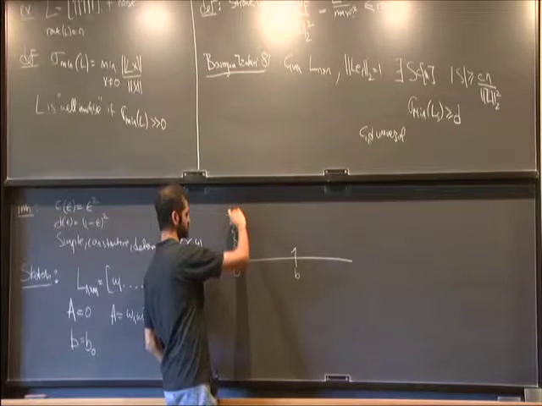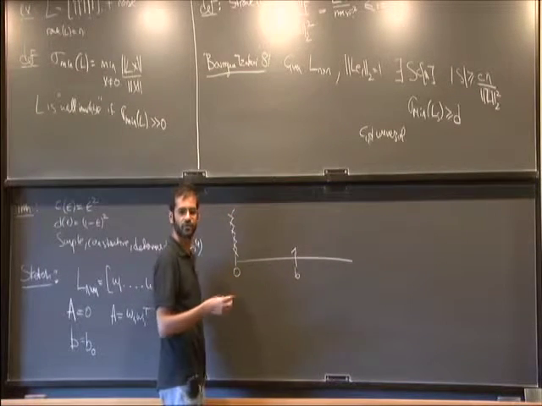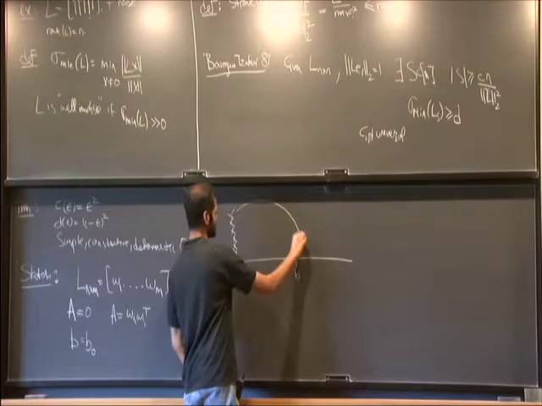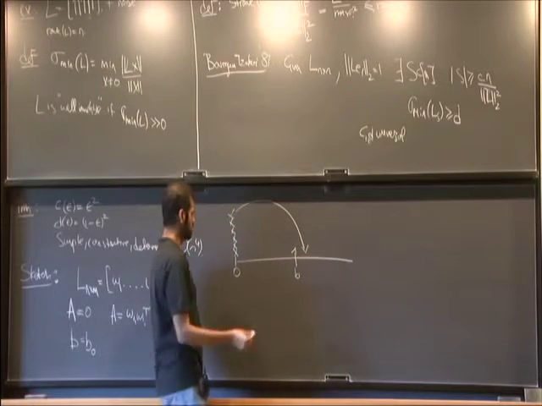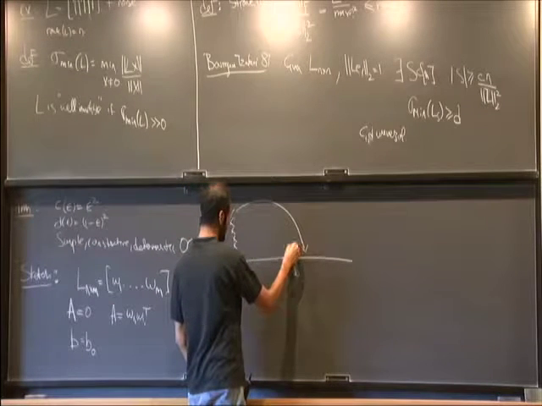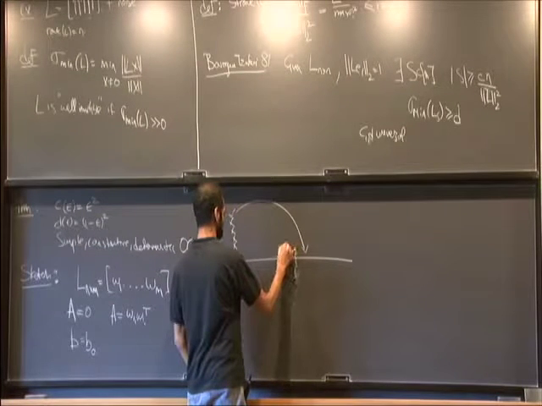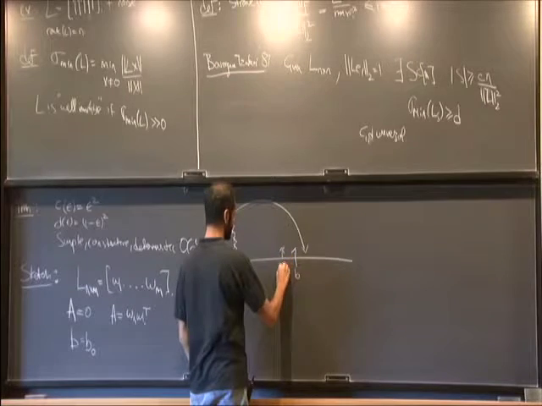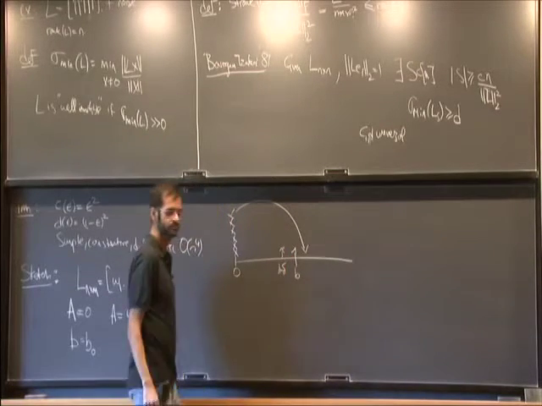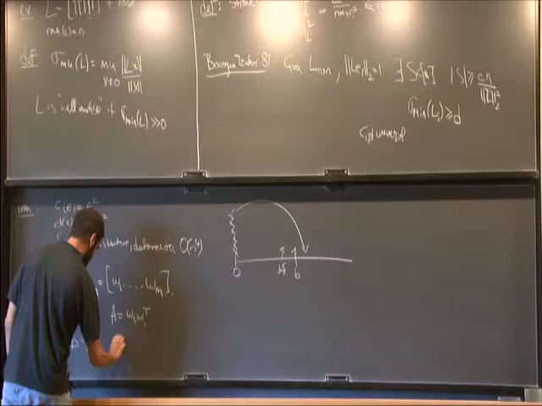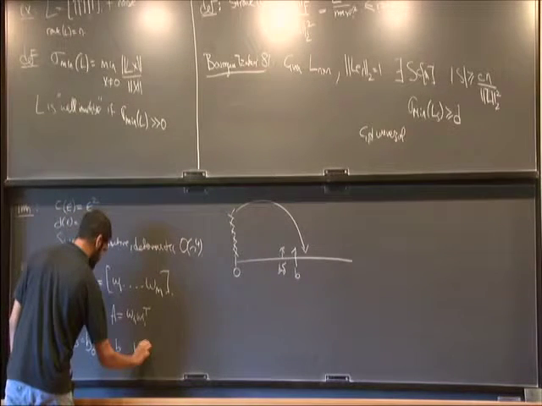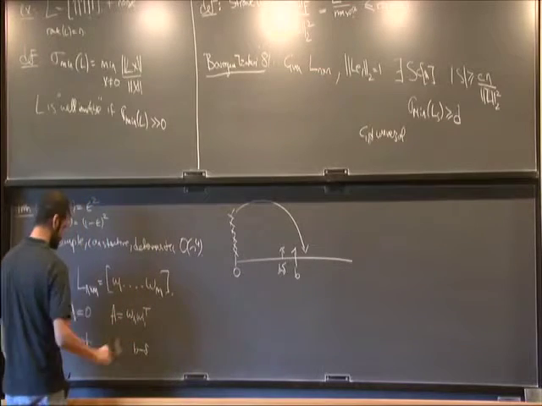If I add a rank 1 matrix, it's going to end up with one positive eigenvalue. I'm going to ensure that this eigenvalue lands ahead of B. Then I'm going to move this B back by a fixed constant to some value B minus delta. So after one step, A is this rank 1 matrix, and B is B minus delta.